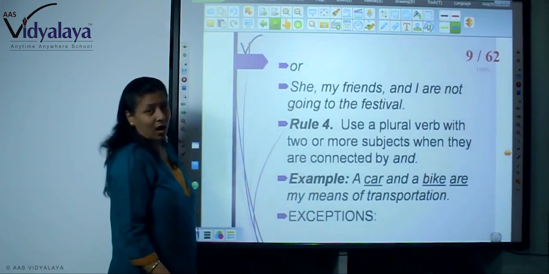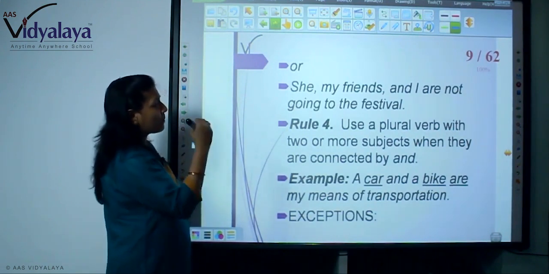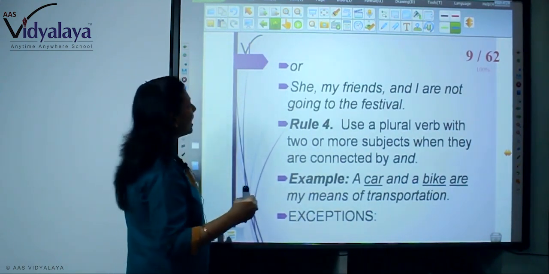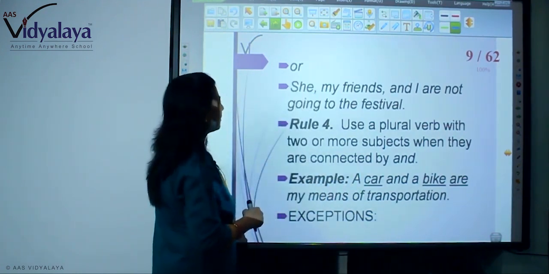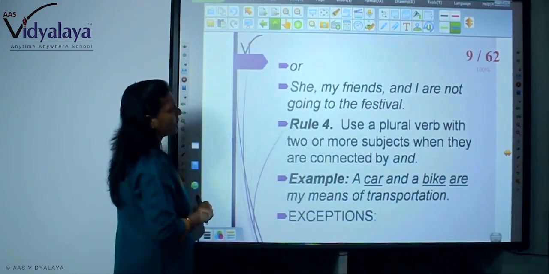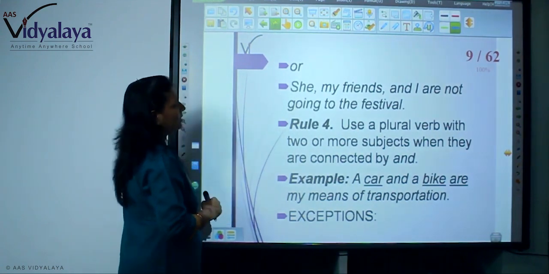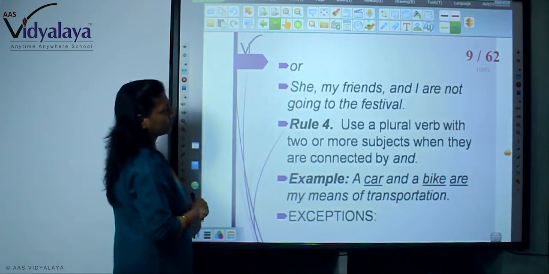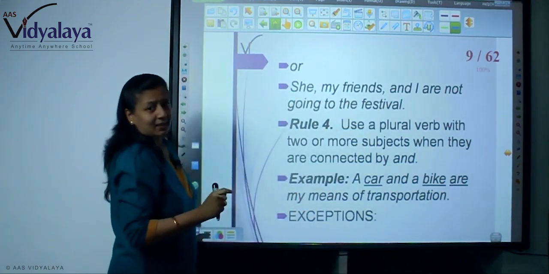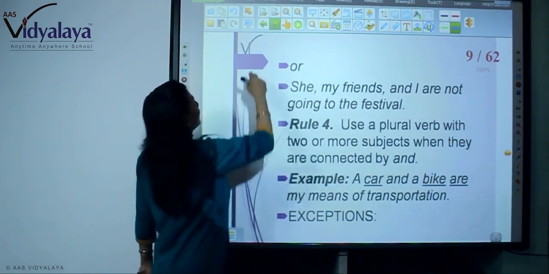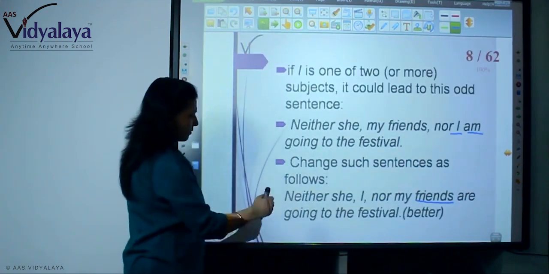And next, how can you write? She, my friends and I are not going to the festival, right? So in this way, you are writing this with a comma, and I. Earlier, what was there?